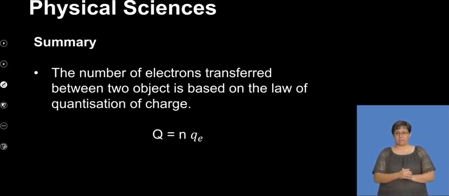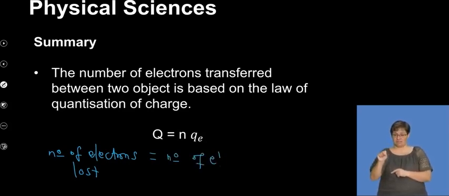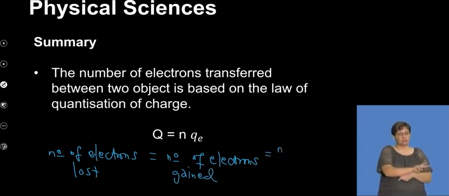Now, in summary, what are we saying? The number of electrons transferred between two objects is based on the law of quantization of charge. So the number of electrons lost is equal to the number of electrons gained, which is also equal to the number of electrons transferred.